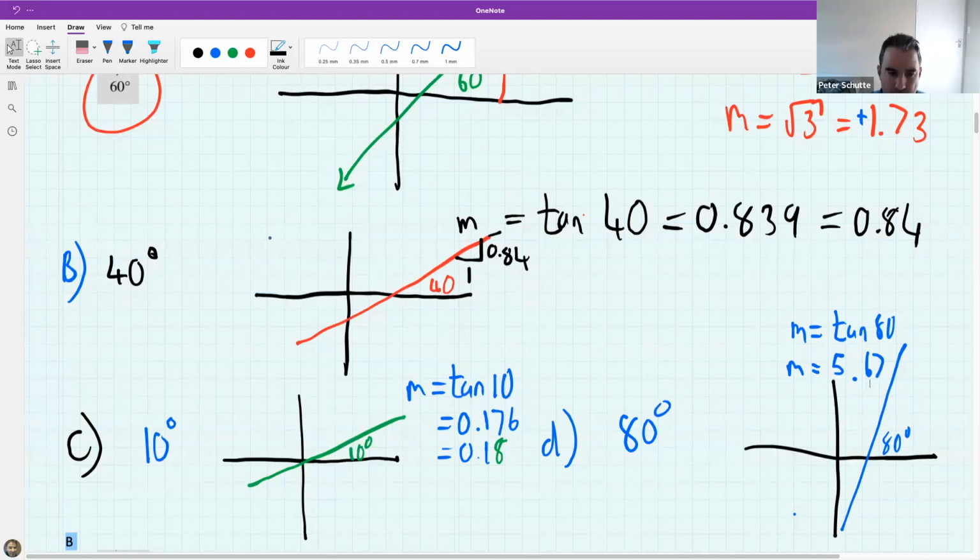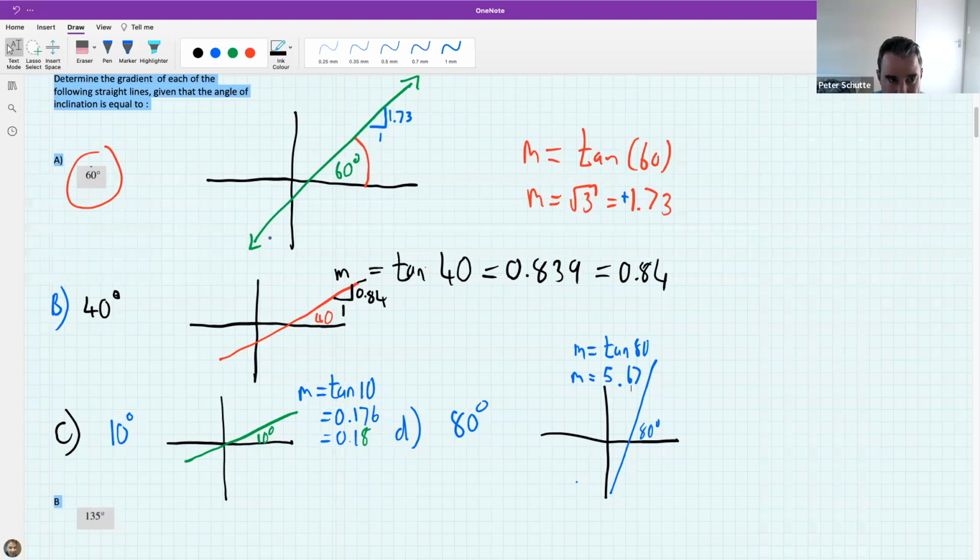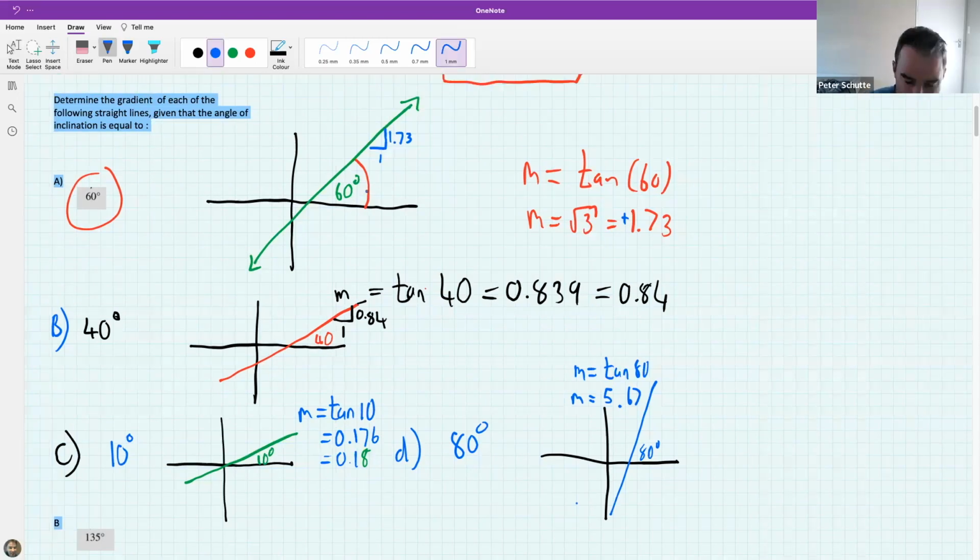Okay, so it seems like we should just zoom out for a second and make sure we understand what's going on here. The angle of inclination is just the angle that the straight line makes with the positive x-axis. And using this formula, the relationship isn't too hard.